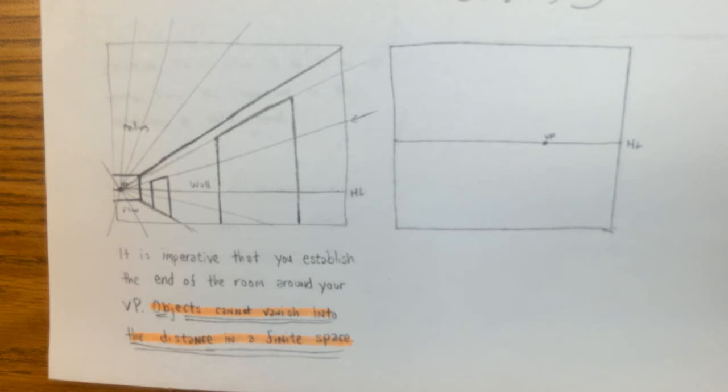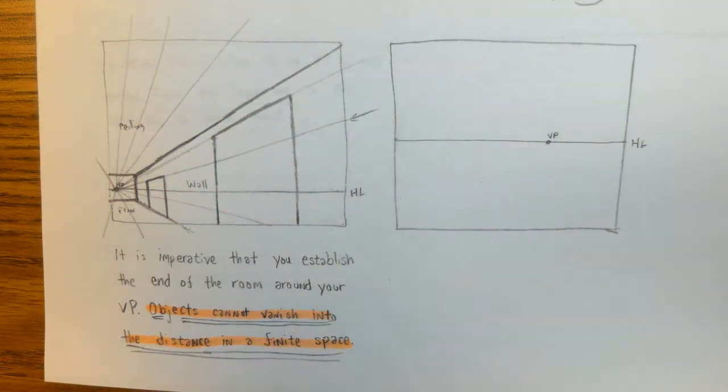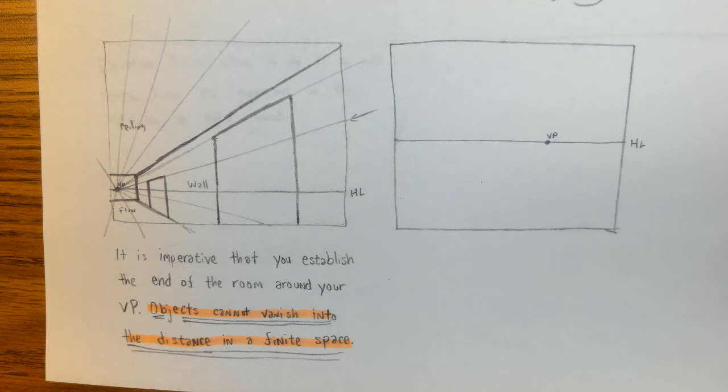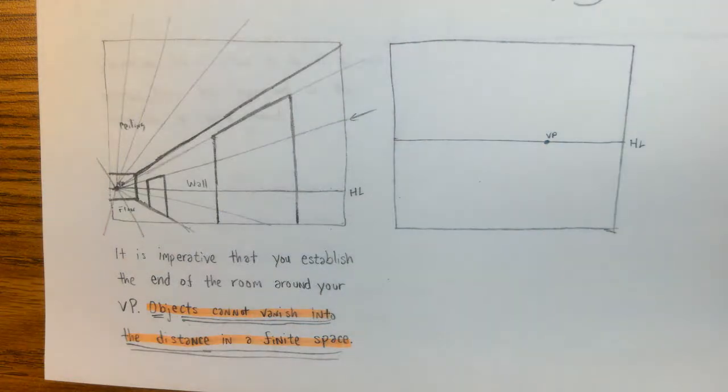Sophia, what can I do to make this look like a hallway? To make this look like it's going off somewhere else? Well, shading, yes, but we need to do something else first. Something with the lines. What kind of lines do we use? Because we already have a vertical. Horizontal.